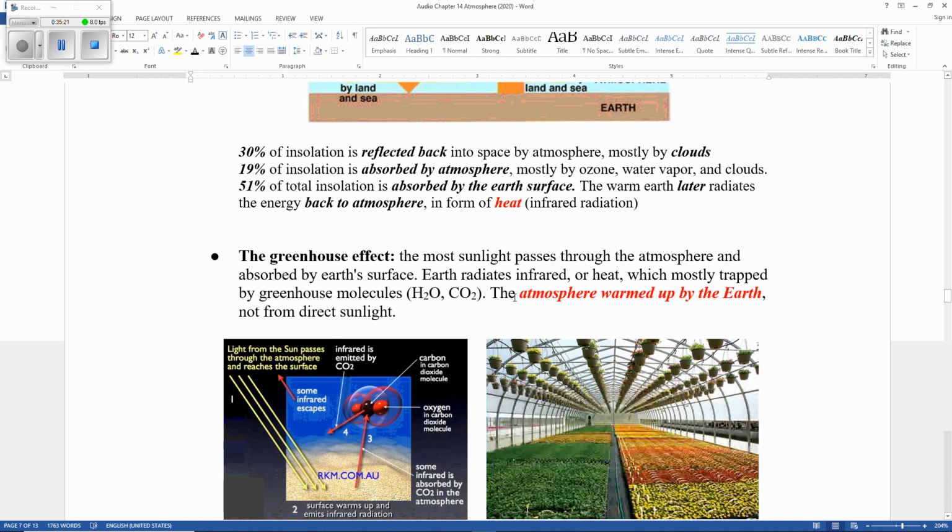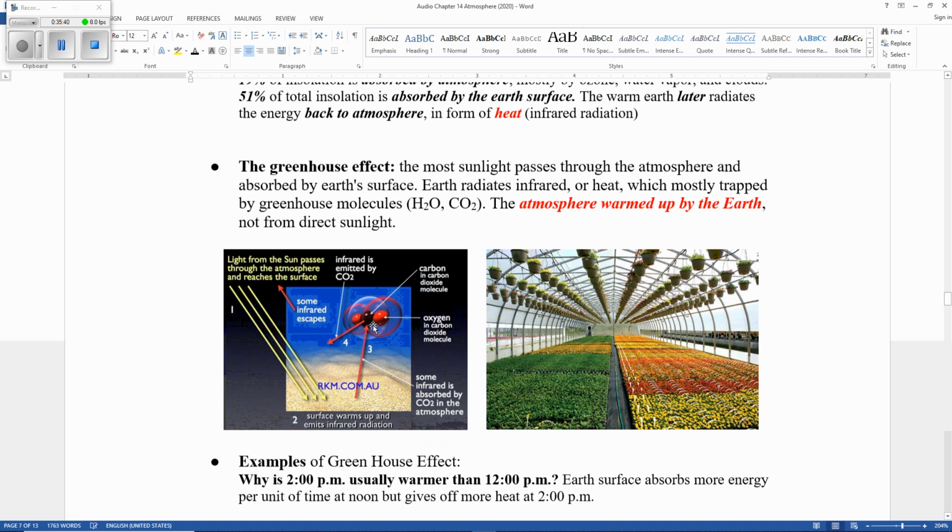So the conclusion is that the atmosphere is warmed up by the Earth, not by sunlight directly. Let's read again: the atmosphere is warmed up by the Earth, not direct sunlight.